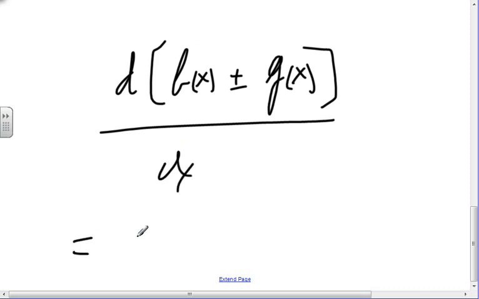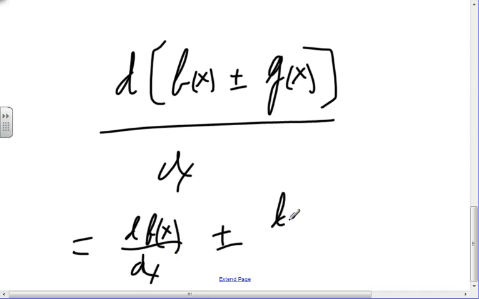And that's going to be the derivative of f of x with respect to x plus or minus, depending on which one it is, the derivative of g of x with respect to x. So if this one's plus, then this one's plus. If that one's minus, then this one's minus. And those are the only rules that we have.